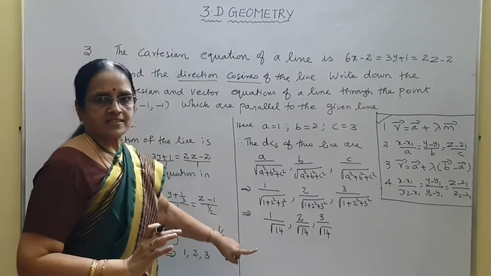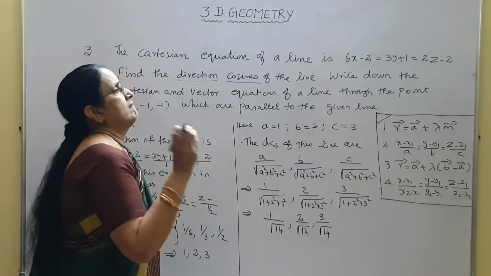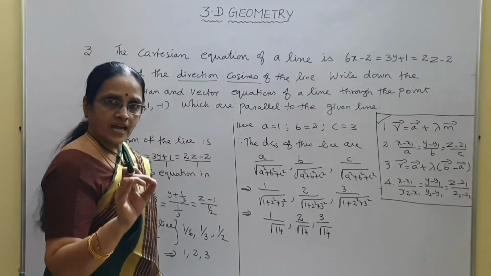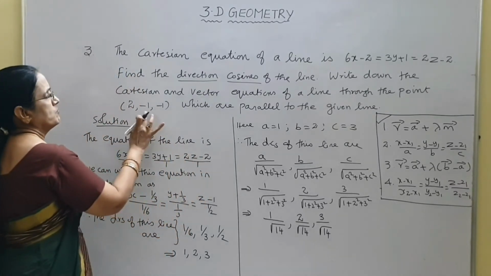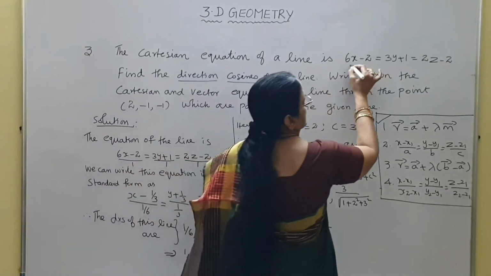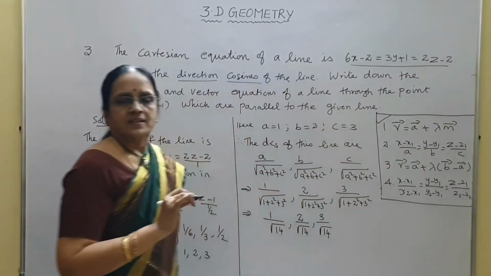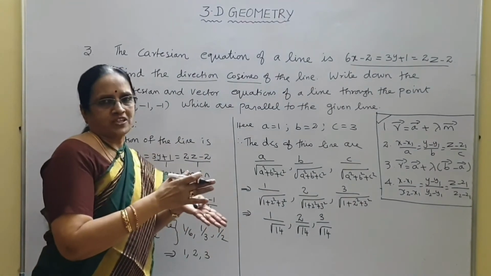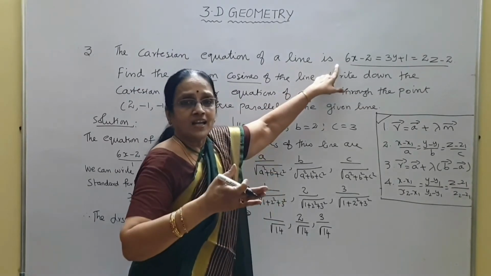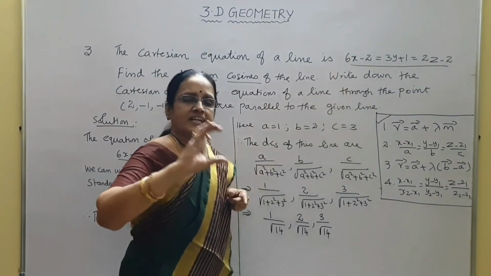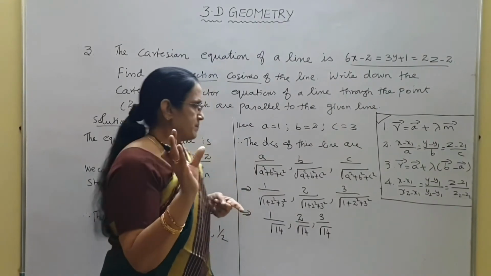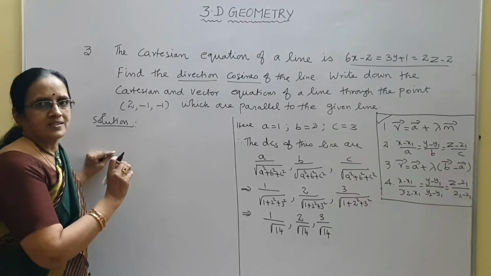The first part is done. Now we need to write the Cartesian equation as well as the vector equation of a line passing through 2, minus 1, minus 1 and parallel to this particular line, which is similar to the previous question. This particular line is going to be parallel to the required line. That means the DRs are proportional. That is the concept we are going to make use of. Now let us do the second part.